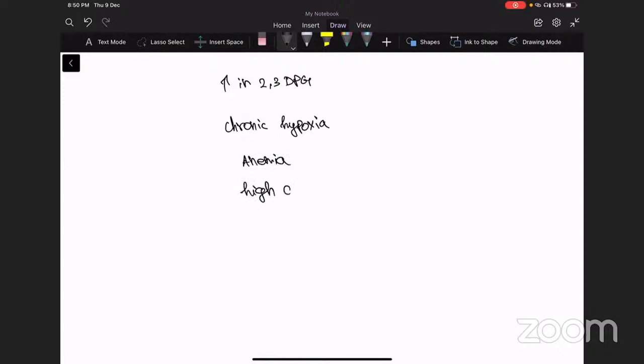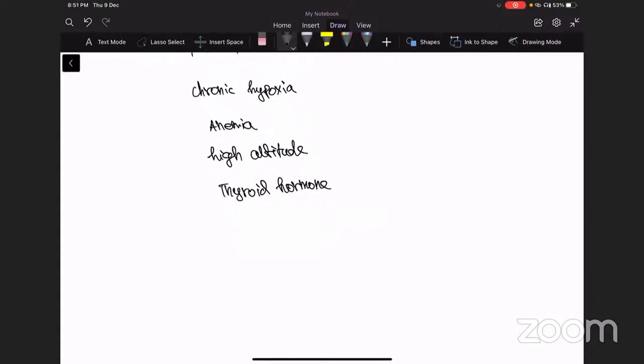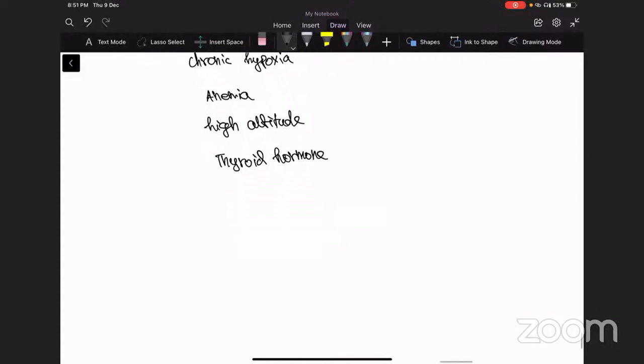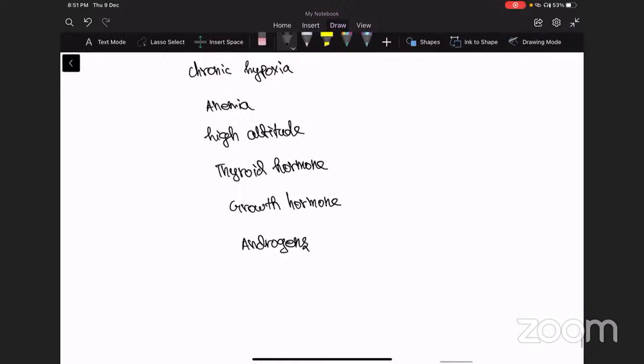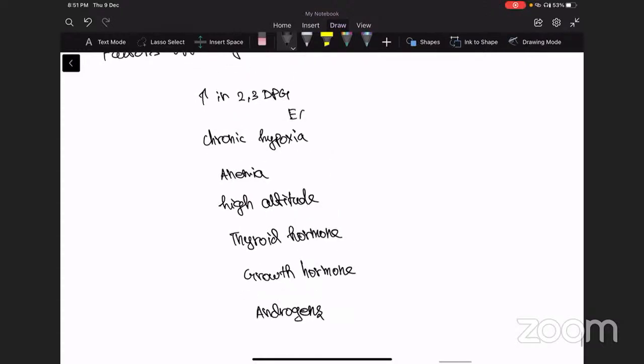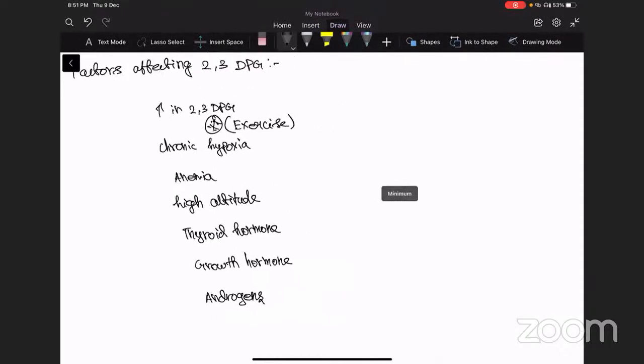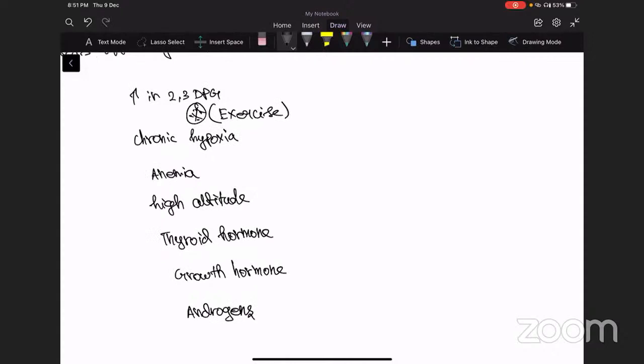If the person is living in a high altitude area, thyroid hormone excess, the thyroid hormone is going to increase the 2,3 DPG value. Growth hormone, androgens are all going to increase the 2,3 DPG levels. And also important, exercise. Exercise is going to increase the levels of 2,3 DPG.